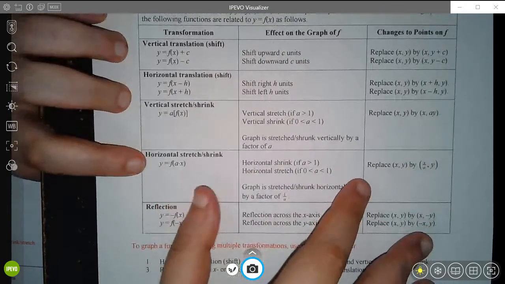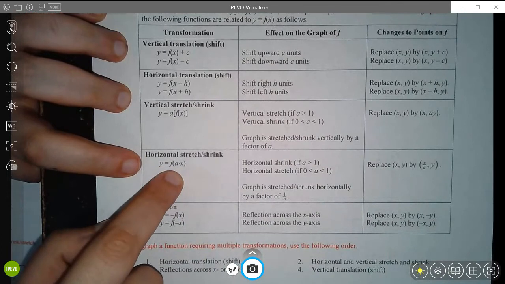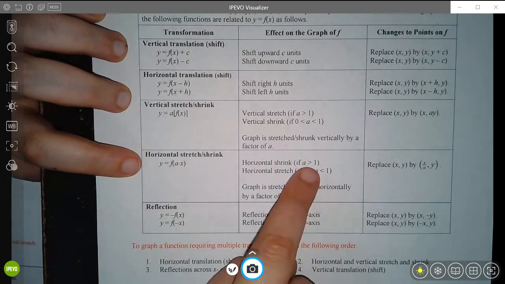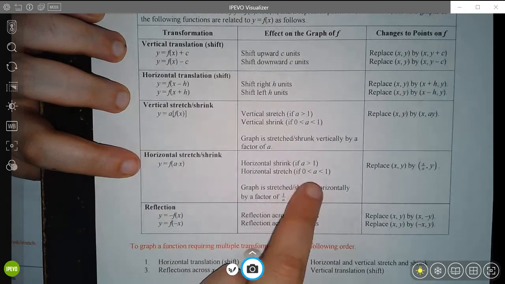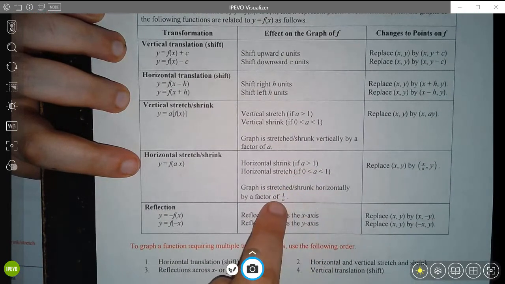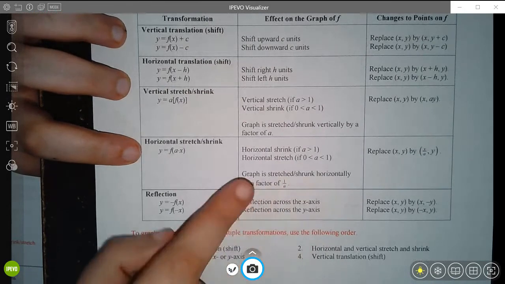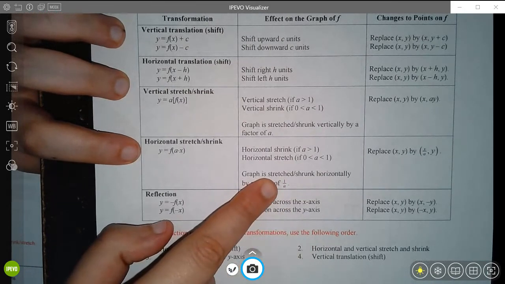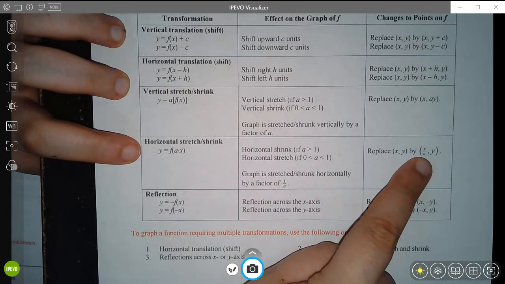For the horizontal one, the multiplication happens inside the function. Again, it's a shrink if it's bigger than 1. It's a stretch if it's between 0 and 1. And the factor of stretching or shrinking horizontally is what? 1 over a. And the point, see that? X over a and y.